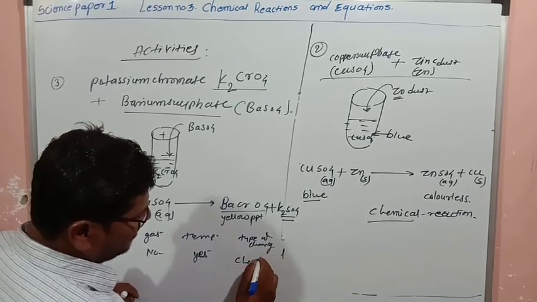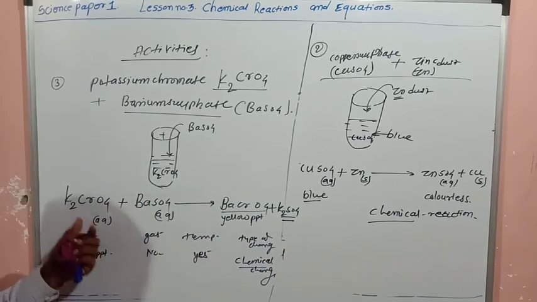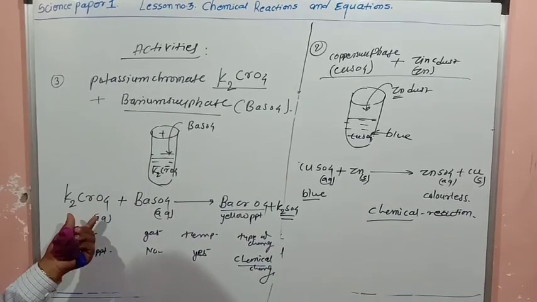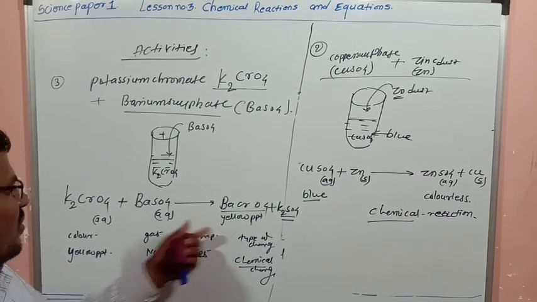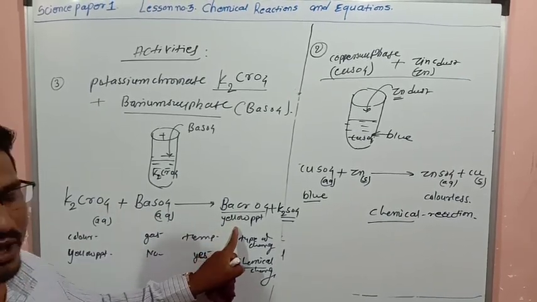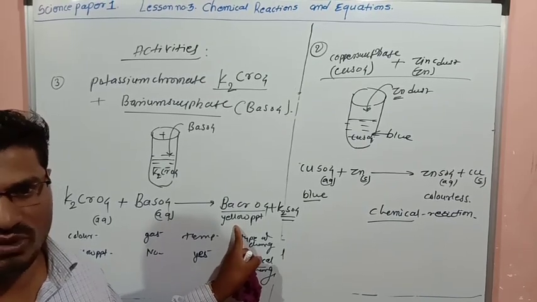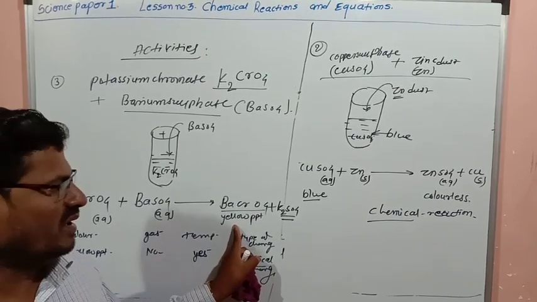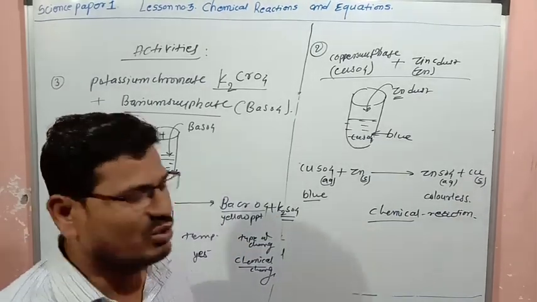This one is a chemical change. So potassium chromate on addition of BaSO4 will form BaCrO4. Barium chromate will be formed, and it will be a yellow colored PPT, and K2SO4, potassium sulfate, will be produced.